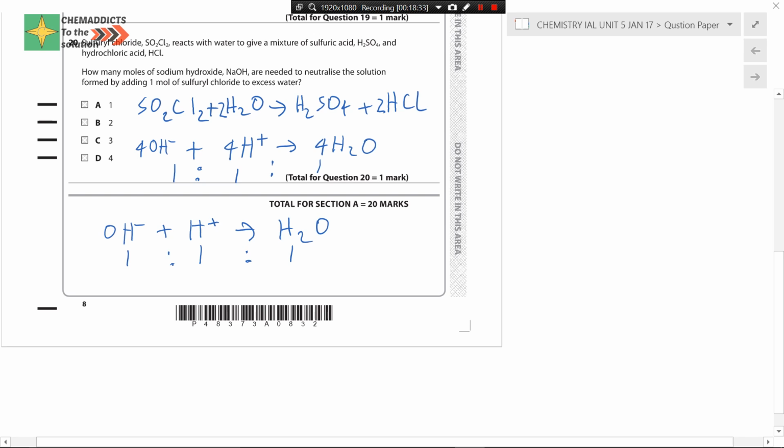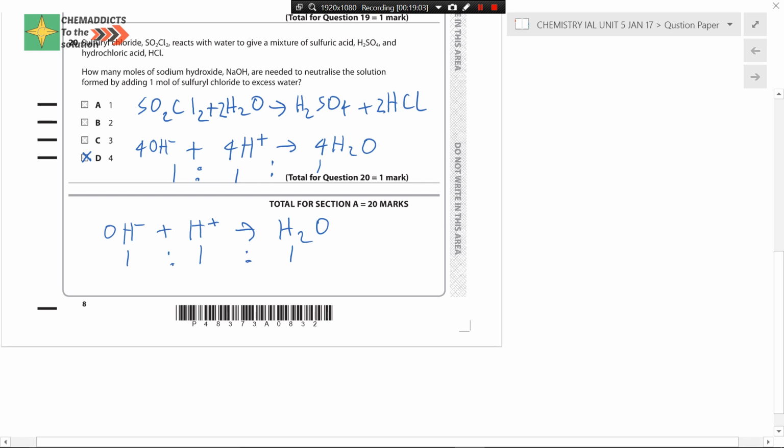That is why the answer should be D, not B. I know, fellas, that most of you have chosen B, and B is not the answer. We need to fulfill this special condition that in a neutralization reaction, the same amount of hydroxide neutralizes the same number of H plus ions to form water.